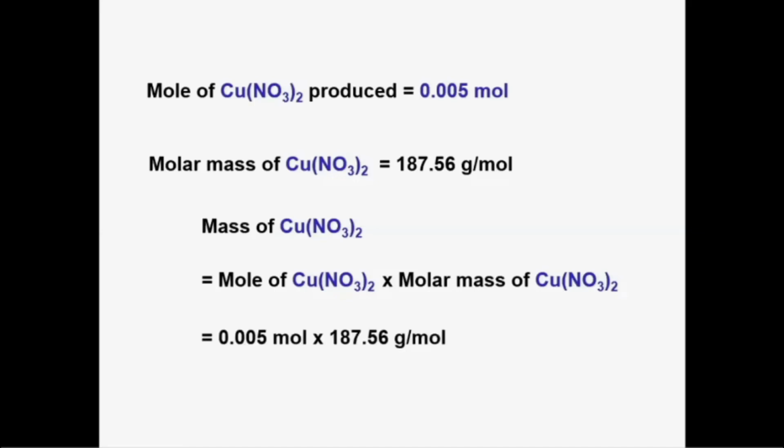So 0.005 moles times 187.56 grams per mole, and we are going to get 0.9378 grams of copper II nitrate. Okay guys, that is the mass of copper II nitrate produced in this reaction.